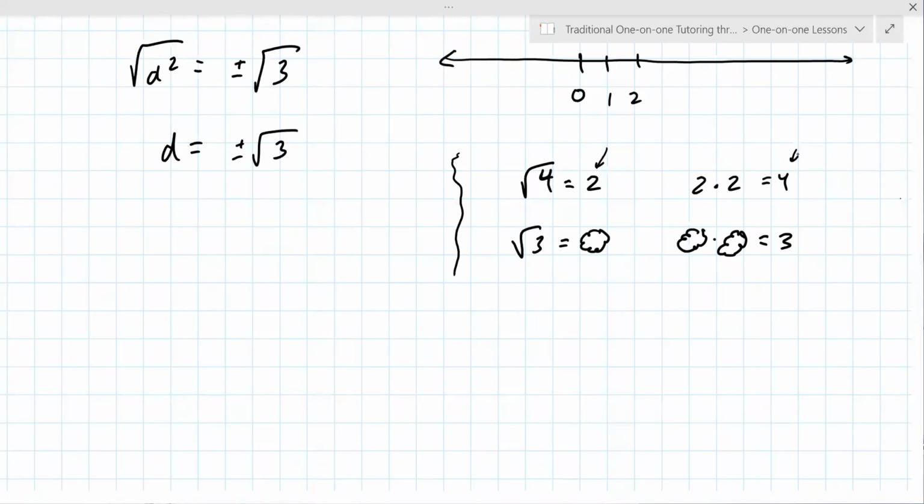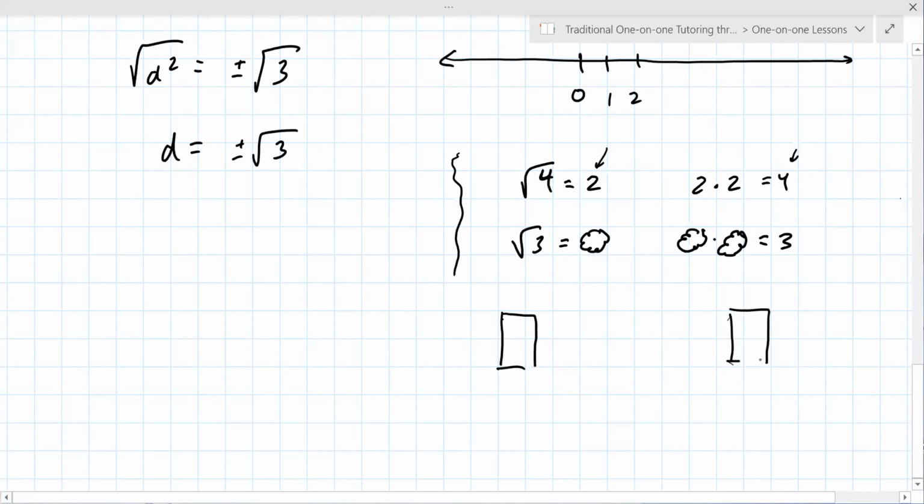Do you have a hallway in your house? If you go to a hallway, or even just put out a stick, and you say, where's the middle? You're like, well, there's the middle. And then I say, where's the middle between here and here? And you would say, it's right there.